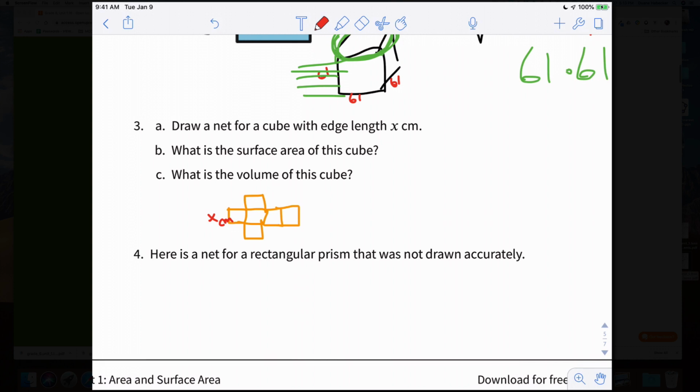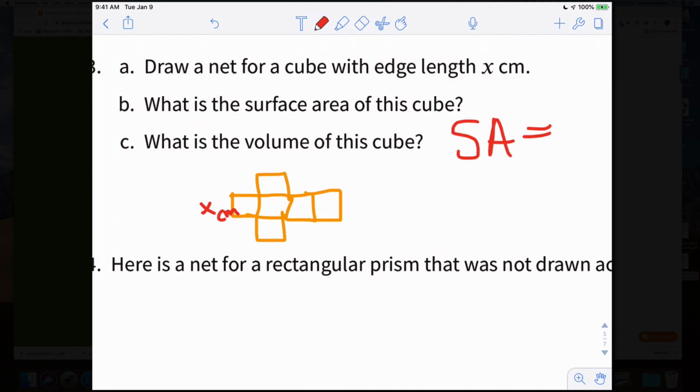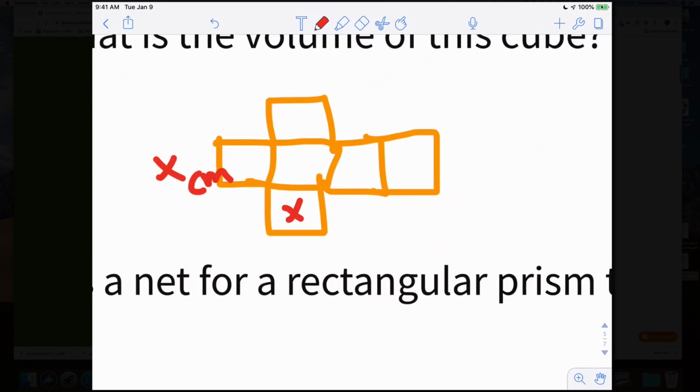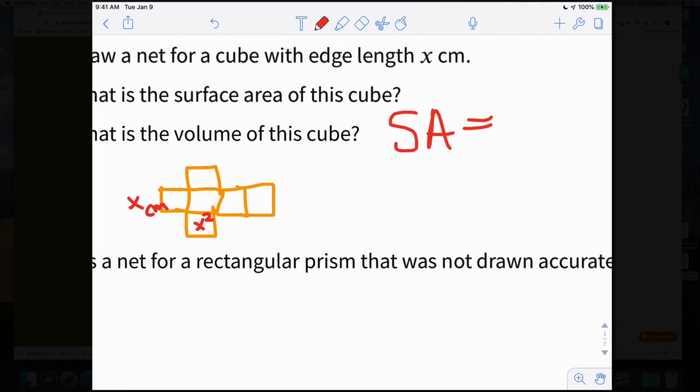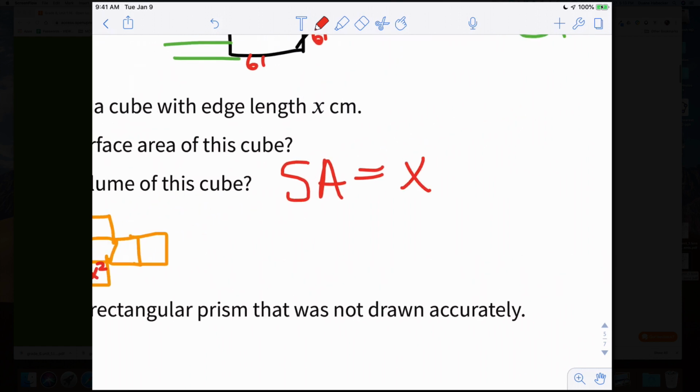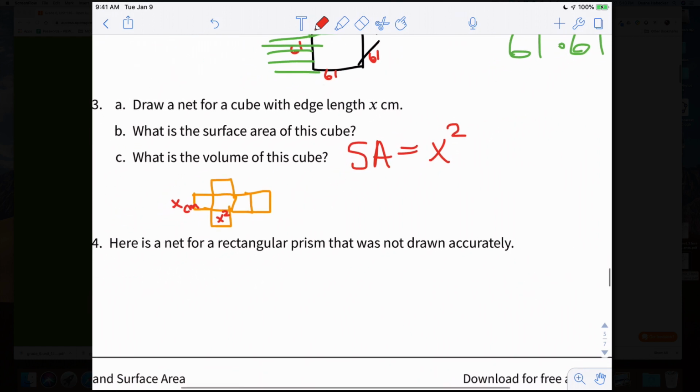Now, what is the surface area of this cube? Well, we know each face is going to be x squared because length is x, width is x. So length times width is x squared. But then we're going to have to multiply by 6.